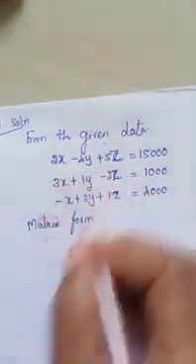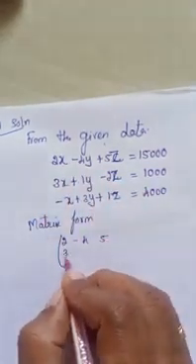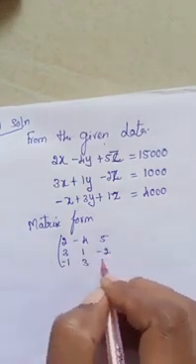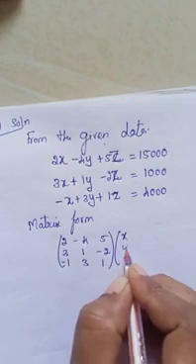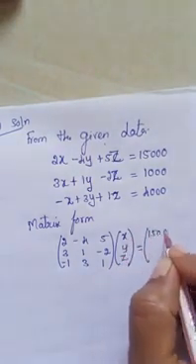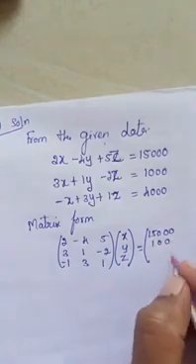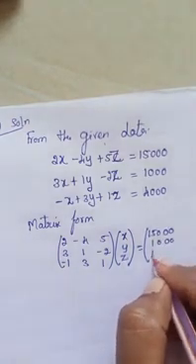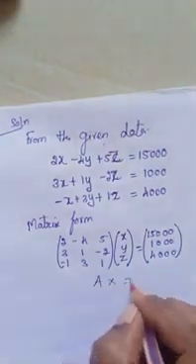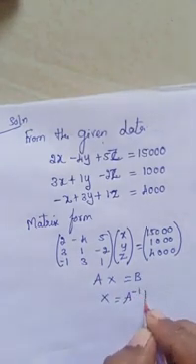Matrix form. See, 2 minus 4, 5, 3, 1, minus 2, minus 1, 3, 1 into X, Y, Z is equal to 15,000, 1,000, then 4,000.